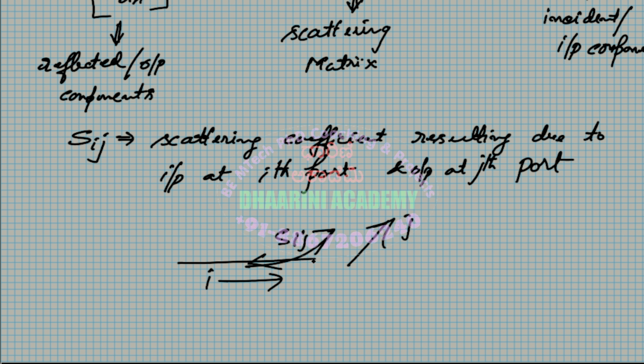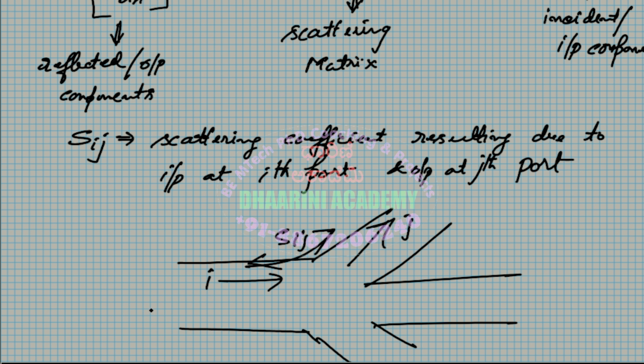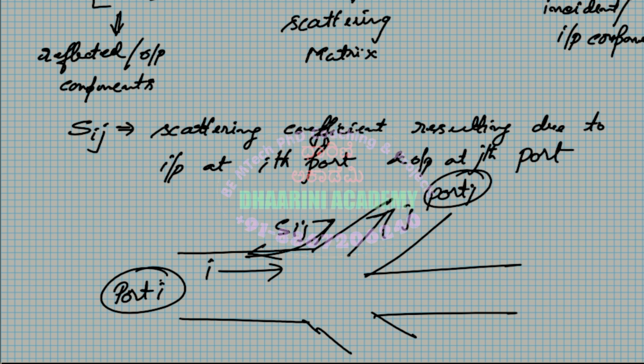So you have a junction like this, maybe. Your ith port, say this is port I, and this is port J. From the input provided to the ith port, output is taken at the jth port. If that relationship is what you want to measure, then we are going to use it as the Sij parameter.